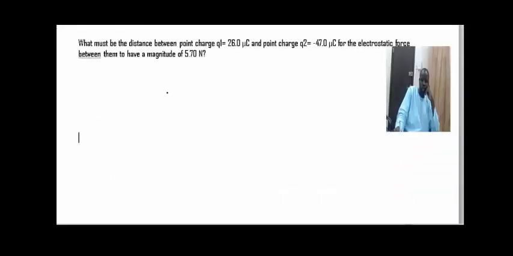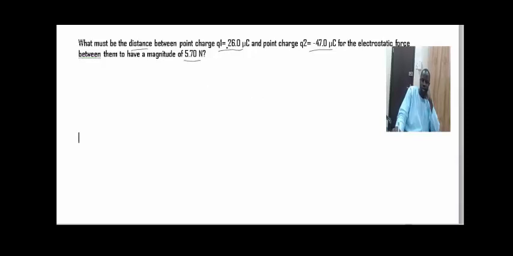Here is a second question. In this case, we are to find the distance between two point charges. Charge 1 has a magnitude of 26 microcoulomb, and charge 2 has a magnitude of 47 microcoulomb, so that the force between them is 5.7 newton.